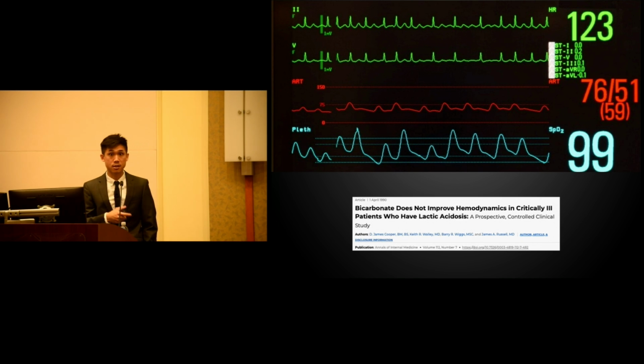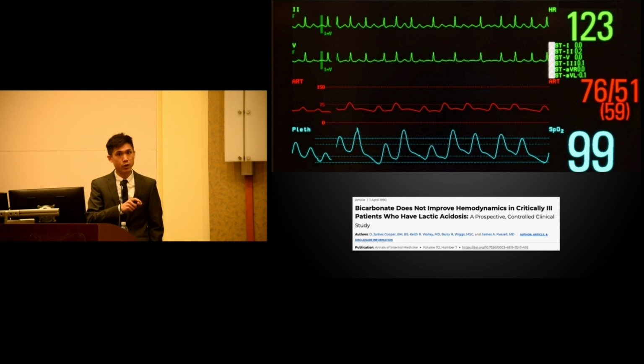Unfortunately, with this study, I think they had 14 patients, again smaller, but they randomized to either bicarb or normal saline and measured the hemodynamics after. There was no significant difference between the two, even despite a correction of their pH. There was a transient increase in cardiac output, but no difference between the saline infusion and the bicarb infusion.